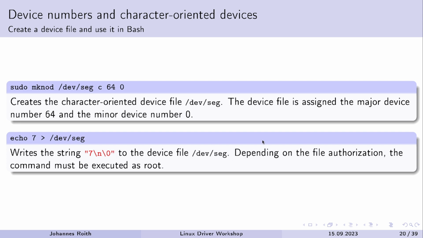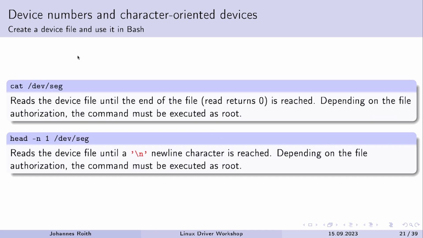But it's important, depending on the access permissions to this file, maybe we have to run this command as root. And to read from a file, we can use cat, but this cat has a downside. Cat will only terminate or stop reading from the file if read returns a 0.